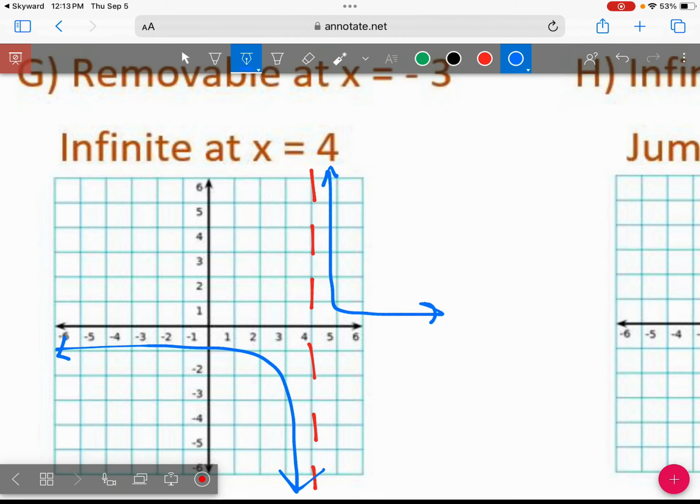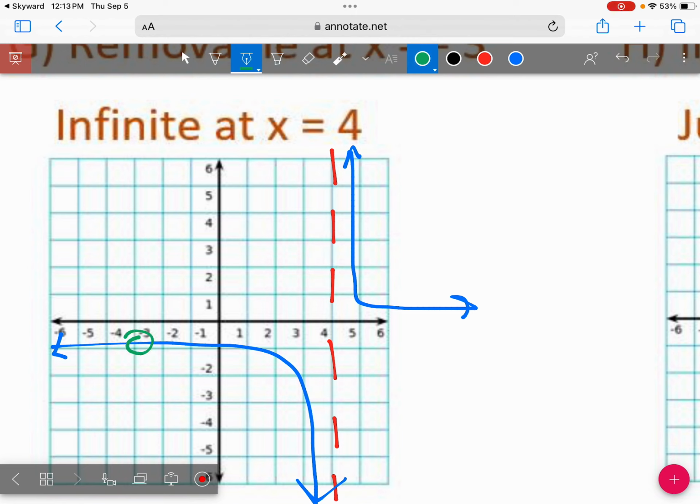And then at -3, put a hole. Done. That's it. We don't need to have like 7 or 8 different things. Make it simple. Less is more.